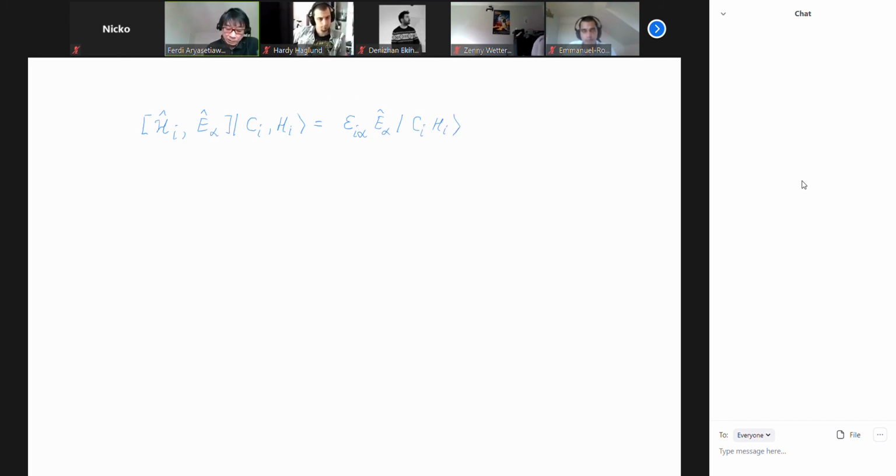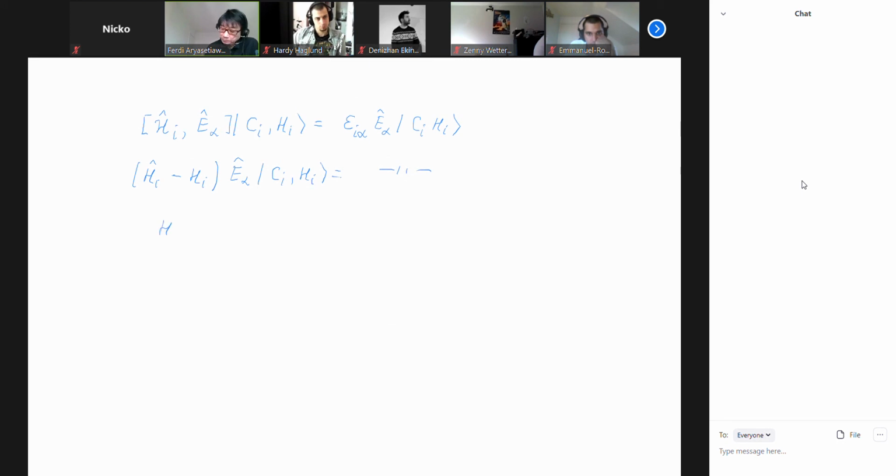So we use the commutator here, then we get Hi minus Hi. So that's the eigenvalue of the Hi. Is the same thing.